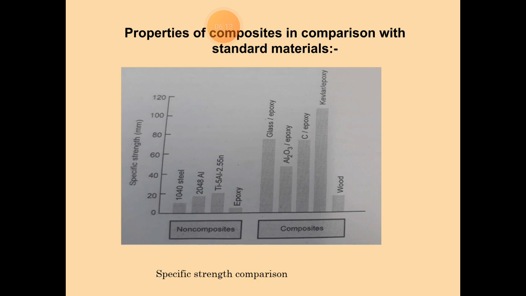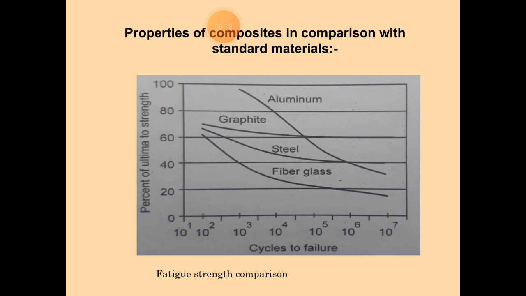The next graph is the fatigue strength comparison, with cycles to failure against percentage of ultimate strength: 20, 40, 60, 80, for fiberglass, steel, graphite and aluminum.